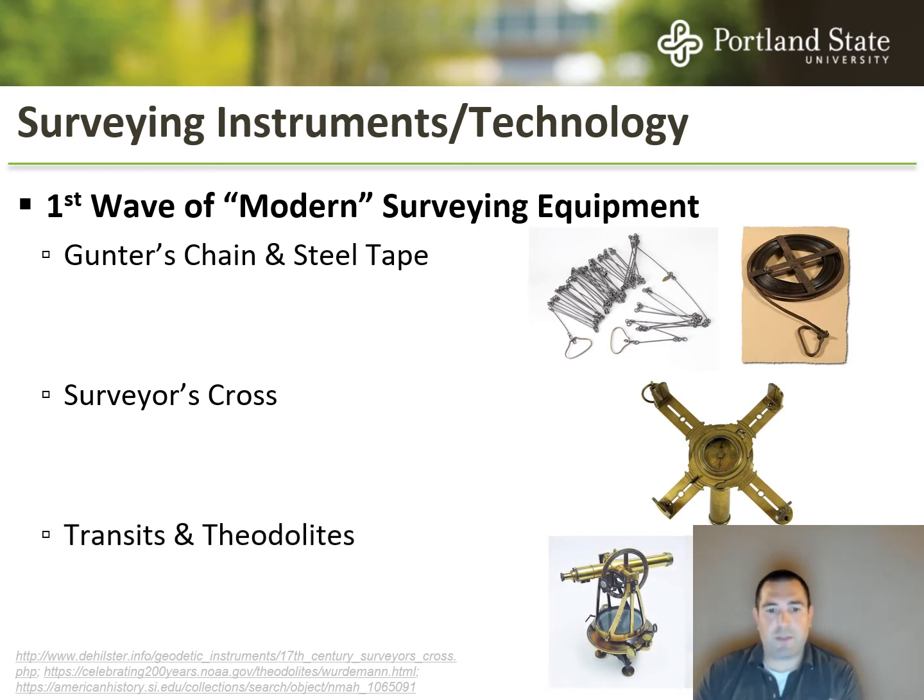And then transits and theodolites. So here's where we really started getting more sophisticated, using optical magnification along with compasses and angle measurements to be able to calculate angles much more precisely.